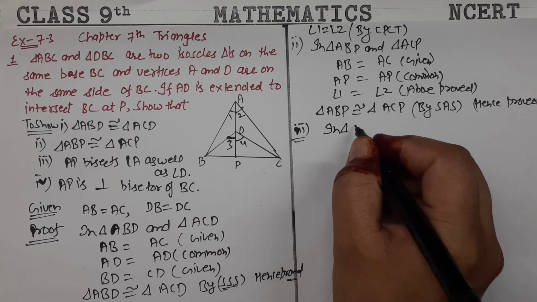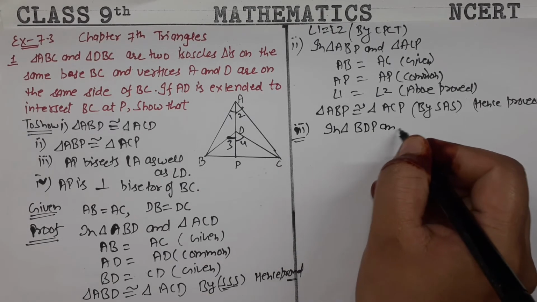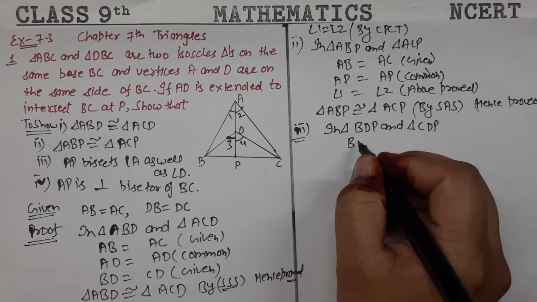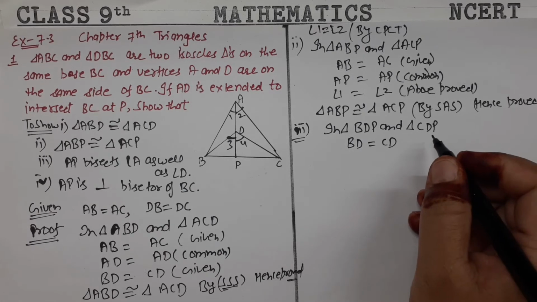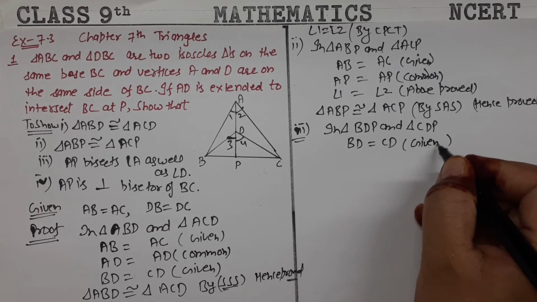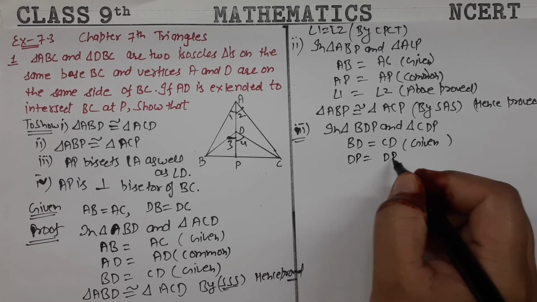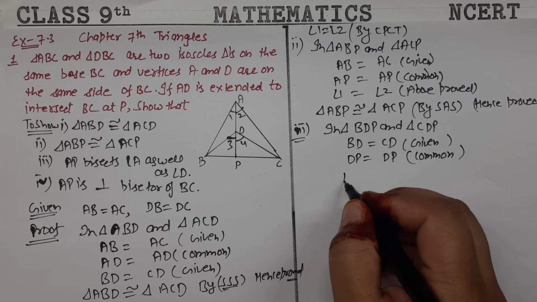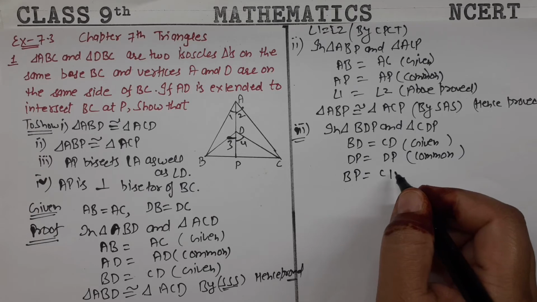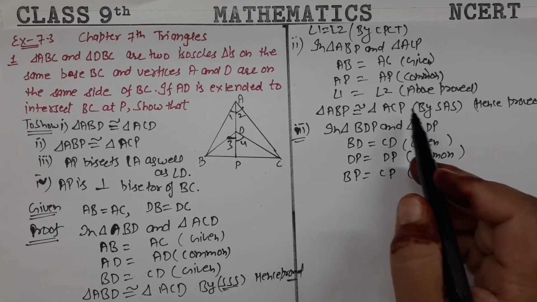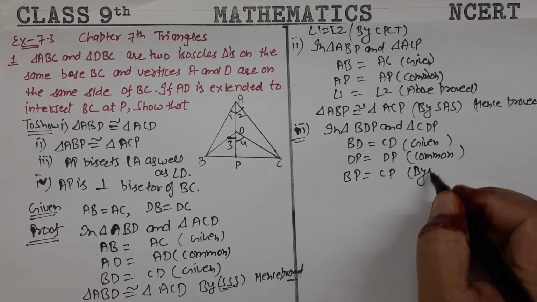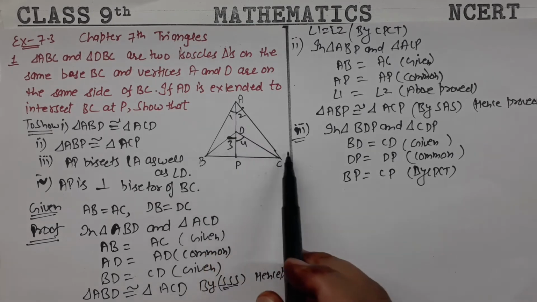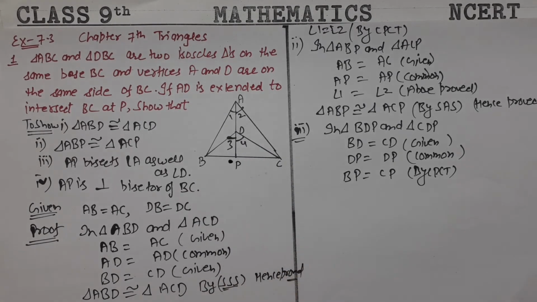In the triangles, BD equals CD, given, DP common, and BP equals CP by CPCT. Because if triangle ABP is congruent to ACP, then BP equals CP.